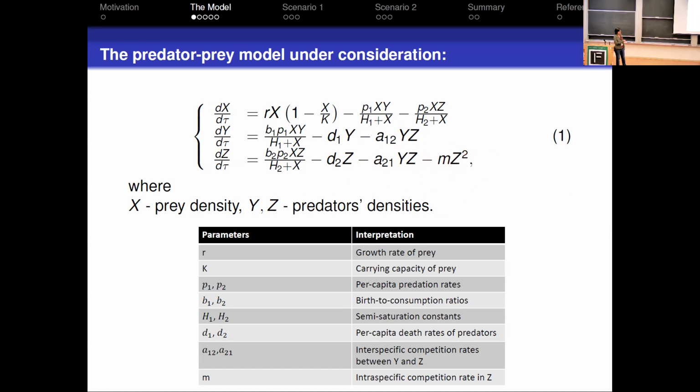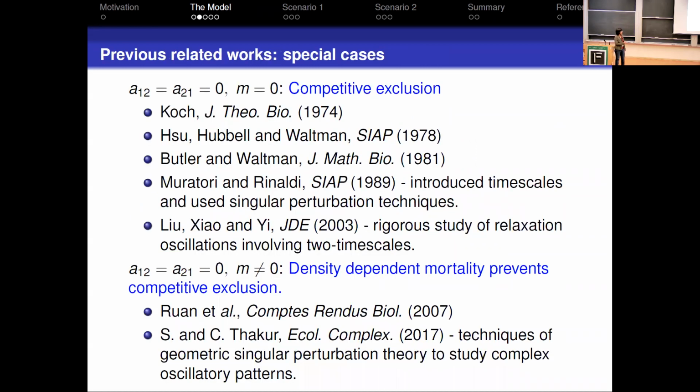A little bit of background about this model. In absence of intraspecific or interference competition, the model was studied in the 1970s and 80s to demonstrate the effect of competitive exclusion, which just states that two consumers relying exclusively on a single resource cannot coexist in an equilibrium state.